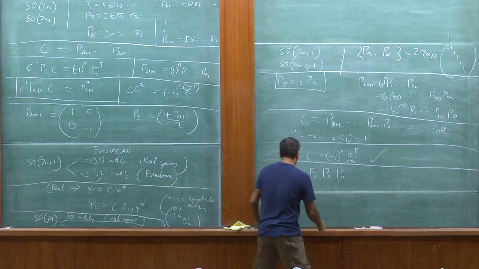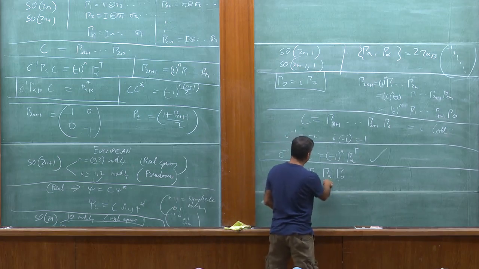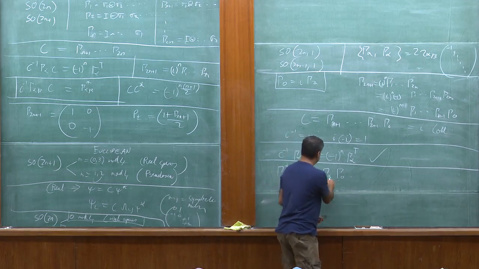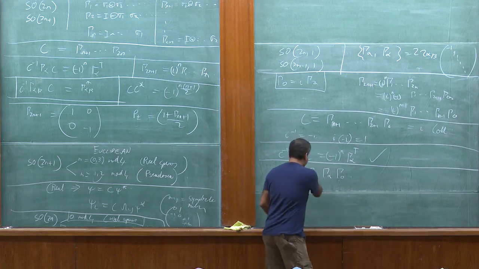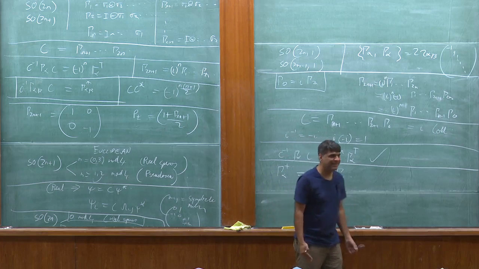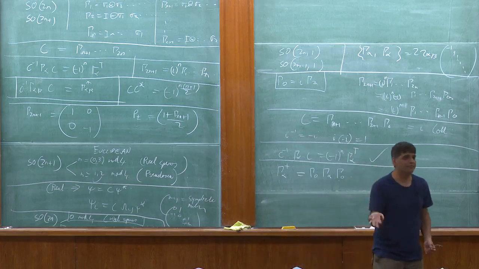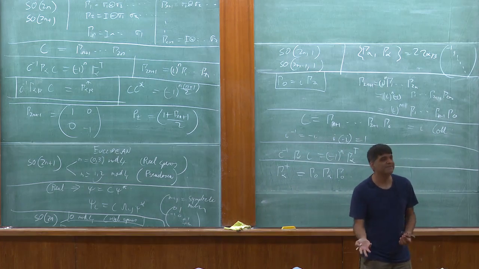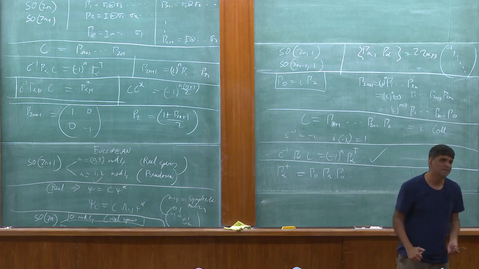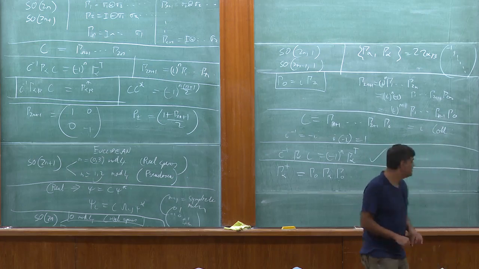Okay? Let's choose one of the gammas that was not gamma 0. Let's choose alpha to be not gamma 0. Then taking gamma 0 through gamma alpha gives you a factor of minus 1. But gamma 0 squared also gives you a factor of minus 1. So the equation works. Okay?